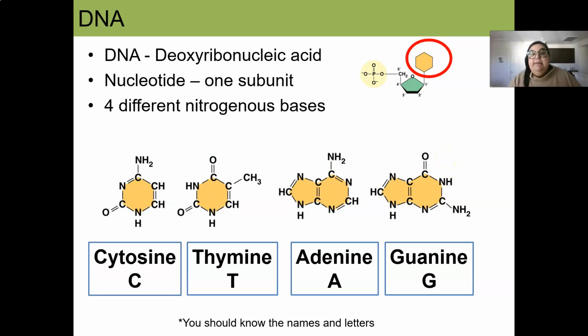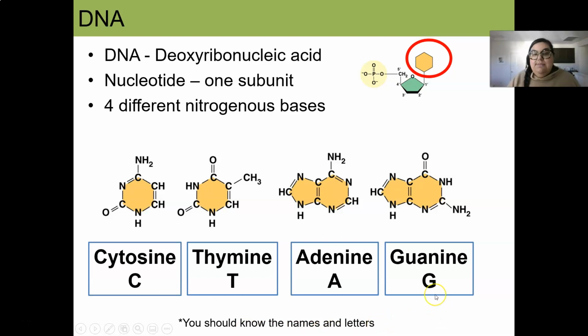So if we look a little bit closer at the nitrogenous bases, we're zooming in here on our orange structure, the nitrogenous base on our nucleotide subunit. There are four different nitrogenous bases: cytosine, or C, thymine, or T, adenine, or A, and guanine, or G. You should definitely know the names and letters.